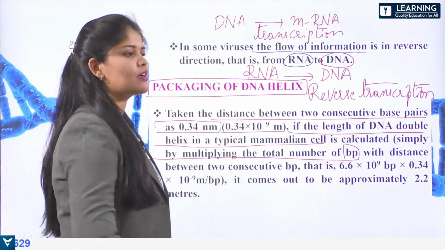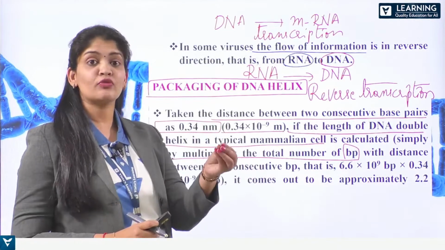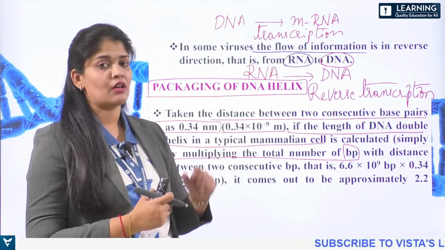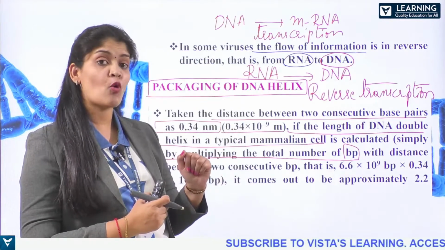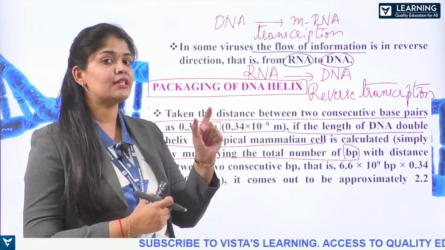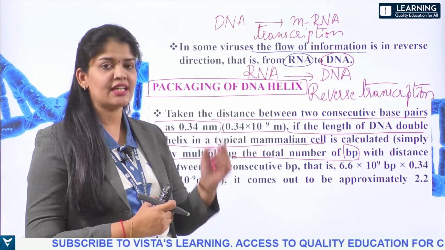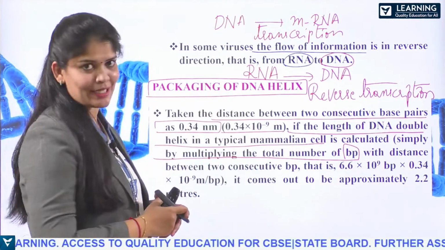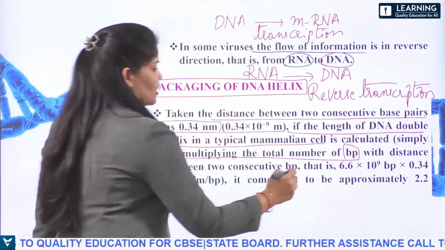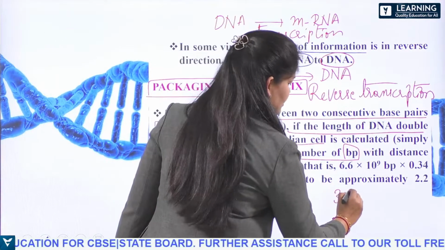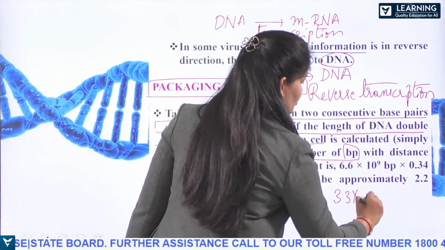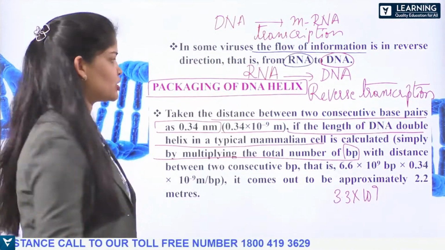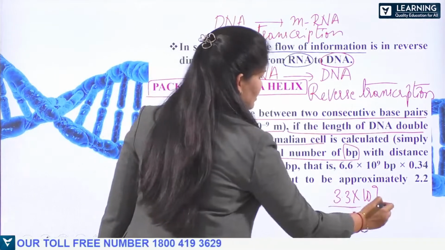We have come across numericals on the length of the DNA of some bacteriophages. In that session, we also studied the length of the DNA in the haploid set of the human cell, which is 3.3 times 10 to the power of 9. If the cell is diploid, it is double this.